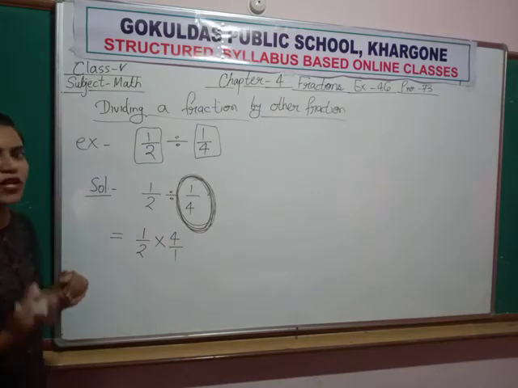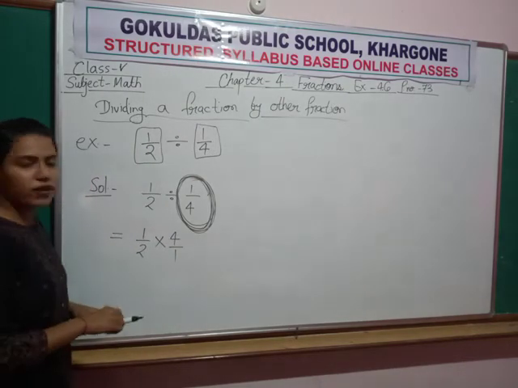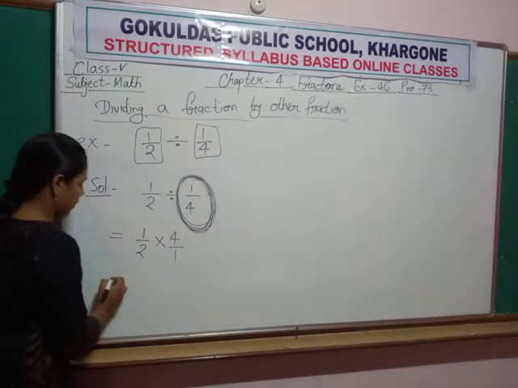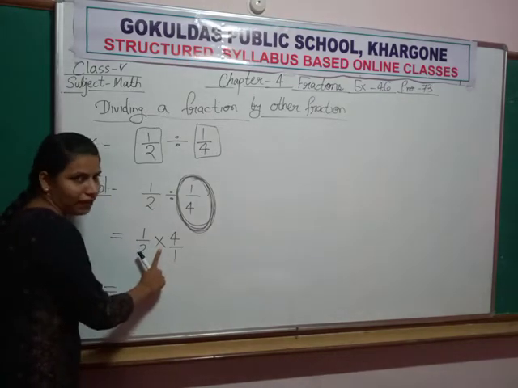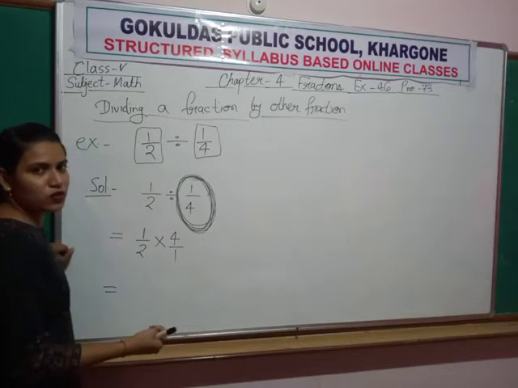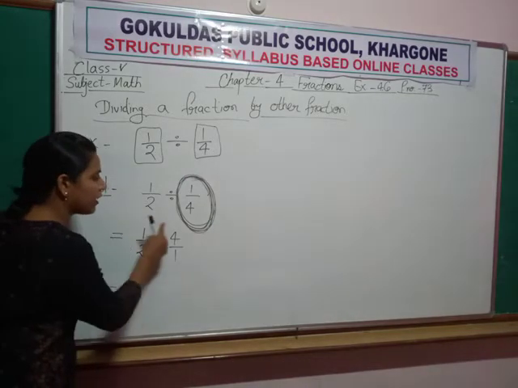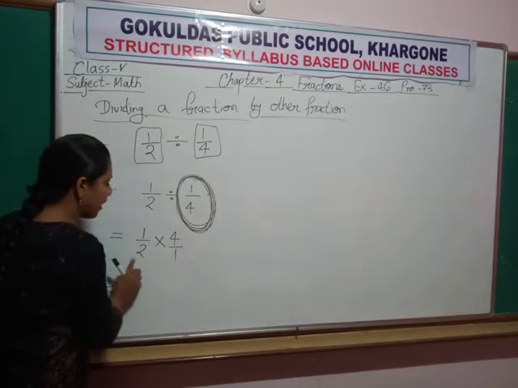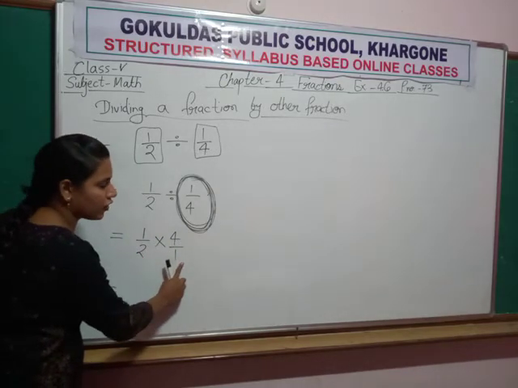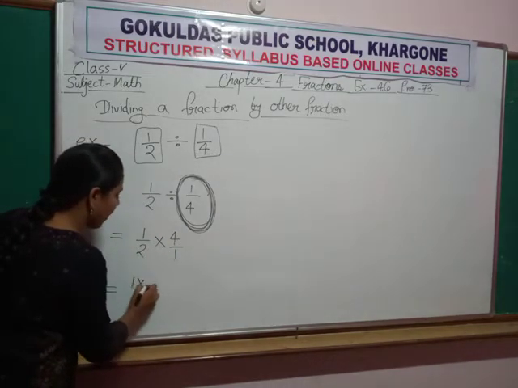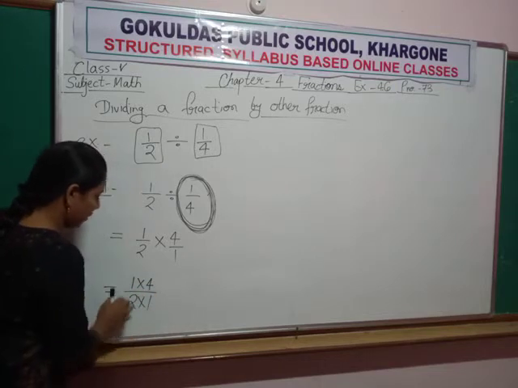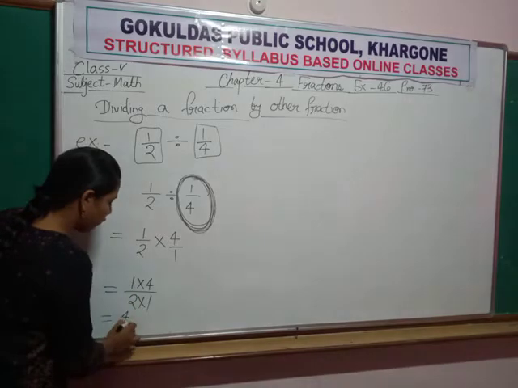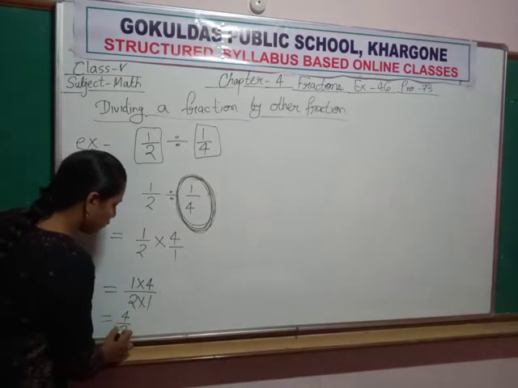Now you have two fractions to multiply, and you know very well how to multiply two fractions. Numerator gets multiplied with numerator and denominator gets multiplied with denominator, that means 1 multiplied by 4 upon 2 multiplied by 1.